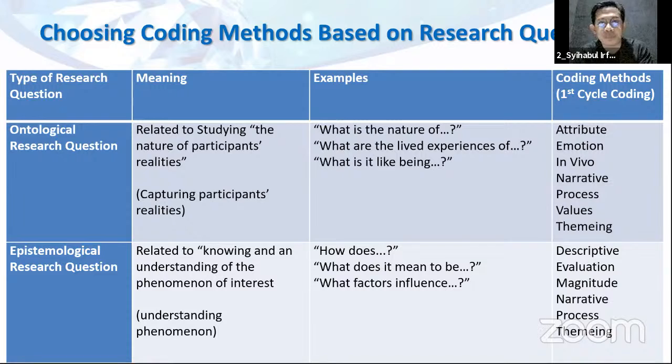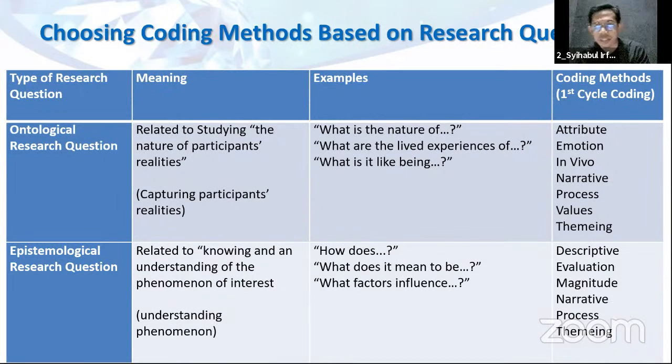Choosing coding method based on research question. Types of research question. Ontological research question, related to studying the nature of participants' realities. We try to capture participants' realities here. The example questions can be, what is the nature of blah, blah, blah?